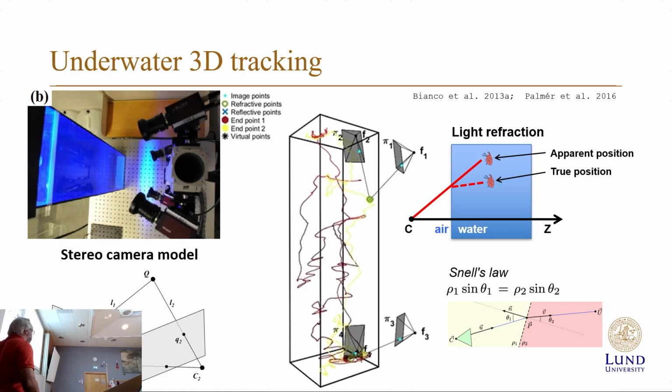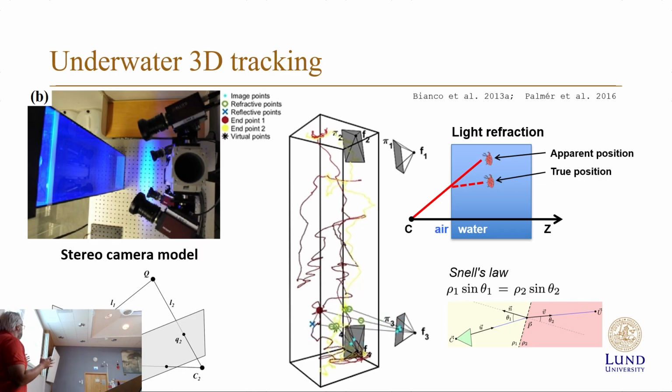It means we need to know the geometry of each camera and how they are related to each other. Then, since our object is moving underwater, we need to account for the air-water interaction and take into account Snell's law of refraction. So, long story short, this is a complex system and it's hell to calibrate.